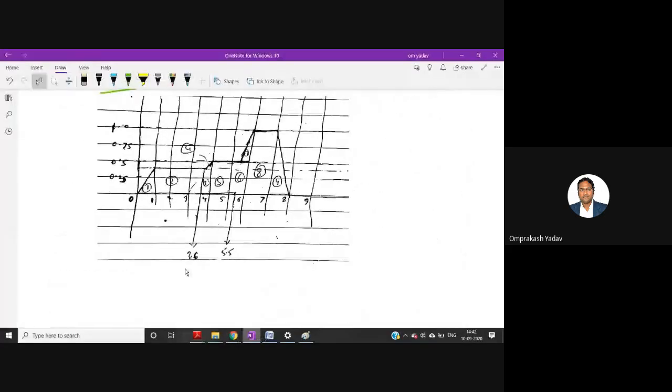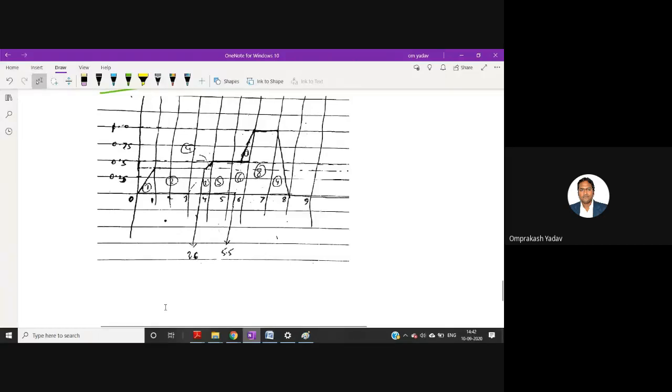Now there is one thing. For example, when we draw all this superimposed graph over here, if you see, this line and this line are intersecting somewhere at this particular point. So at this point both the lines are intersecting each other, so we have to determine the intersection point.